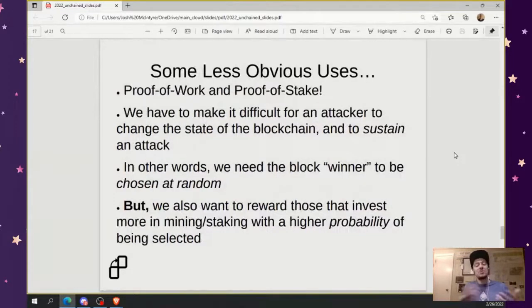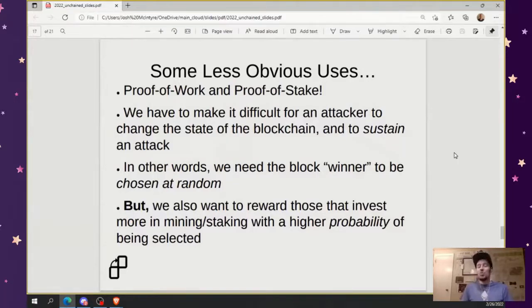Now, some perhaps less obvious uses of randomness, besides just key generation or signatures, are our decentralized consensus mechanisms that we use to secure our blockchains. Both proof of work and proof of stake rely heavily on entropy. We have to make it difficult for an attacker to change the state of the blockchain and to sustain that attack over time.